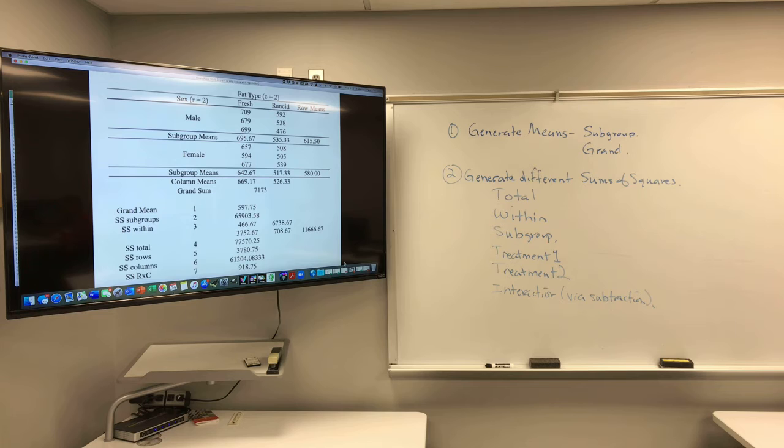That's the thing, when students mess this up on homework assignments, it's always forgetting to weight things by sample size.